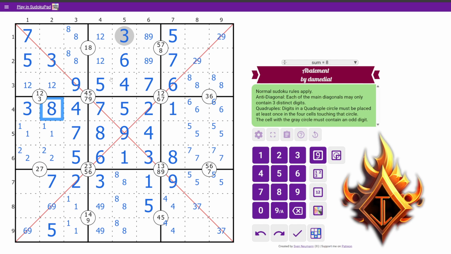Will also give us the 8. The 8 will go down here in one of those 2. And this will be 6 and a 9. So the 9 will be down here, and the 6 will be here. So this is 3, 2, 5.